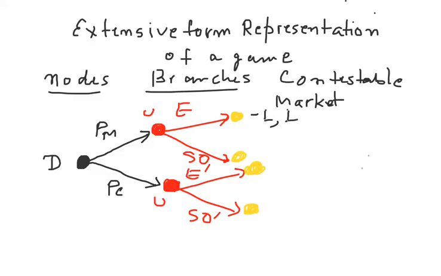And if Delta charges monopoly fare and United decides to stay out, then Delta is going to make a monopoly profit of $2 million.